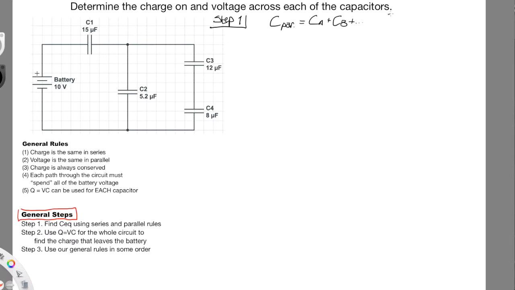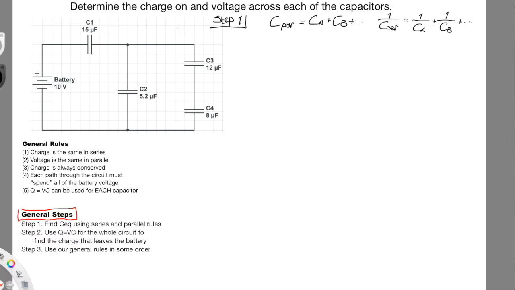And then for series, 1 over C series is 1 over CA plus 1 over CB plus, and so on for every capacitor you have in series. So we need to look at this diagram and find any two that we know for sure are in series or we know for sure are in parallel.